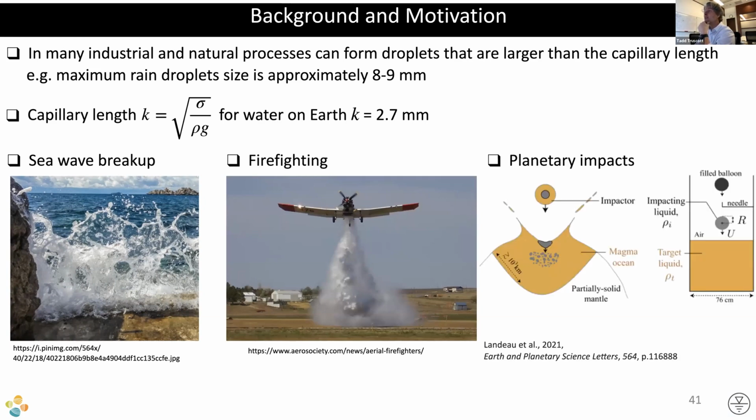Again, firefighting was another, and actually planetary impacts. This is an interesting paper in 2021 where they use filled balloons that they pop just before entry into the water. But what I didn't realize until I met these people is that when two planets collide, or a small moon and a planet collide, even some asteroids, they're both basically liquids.